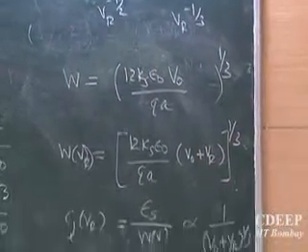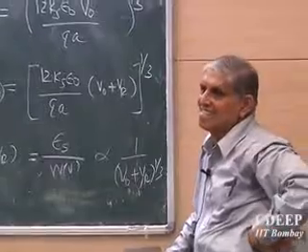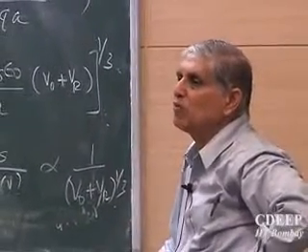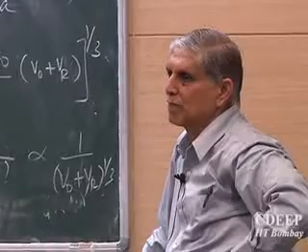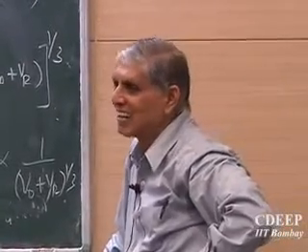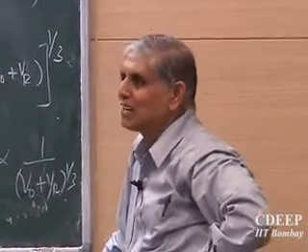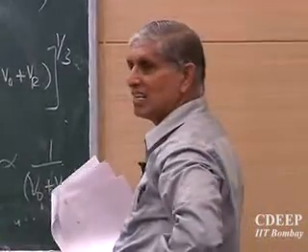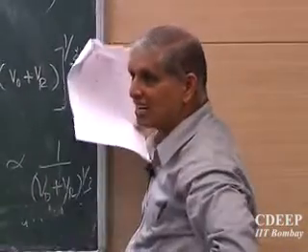This is faster. Faster means for the same VR, which one will have larger capacitance? Larger VR, does it become lower or higher? It becomes lower, the cube root is lower, which means if this is lower then the capacitance is higher.